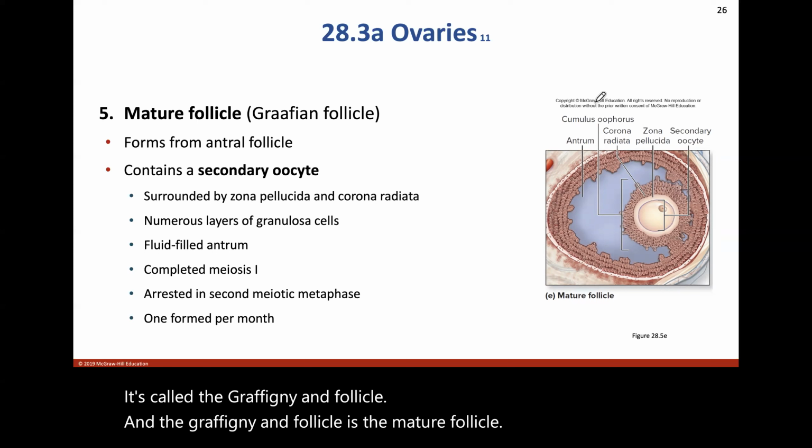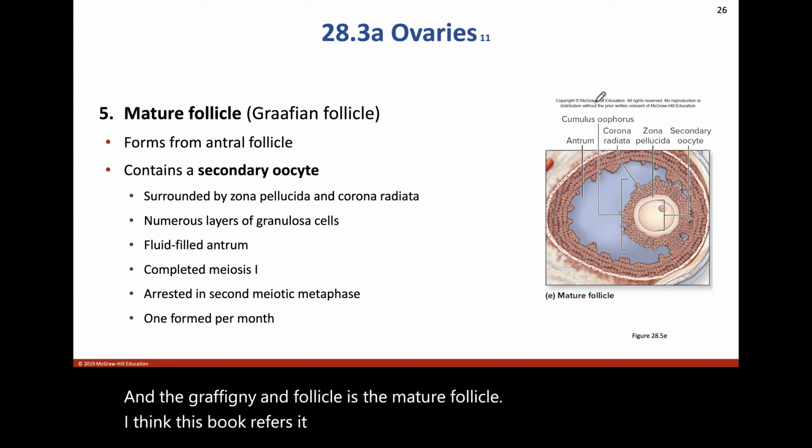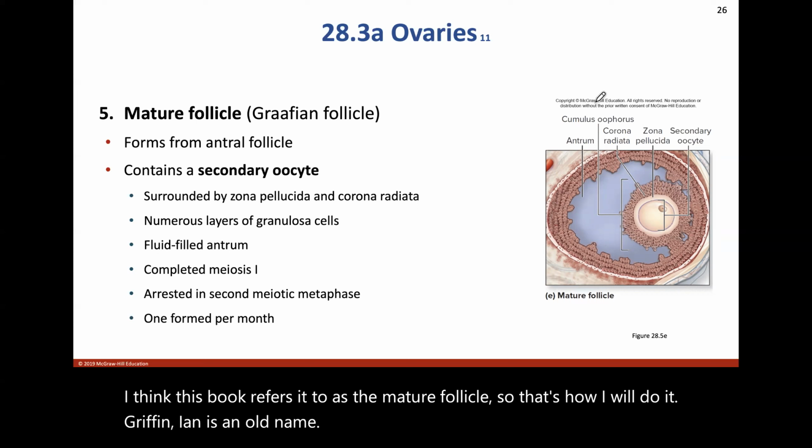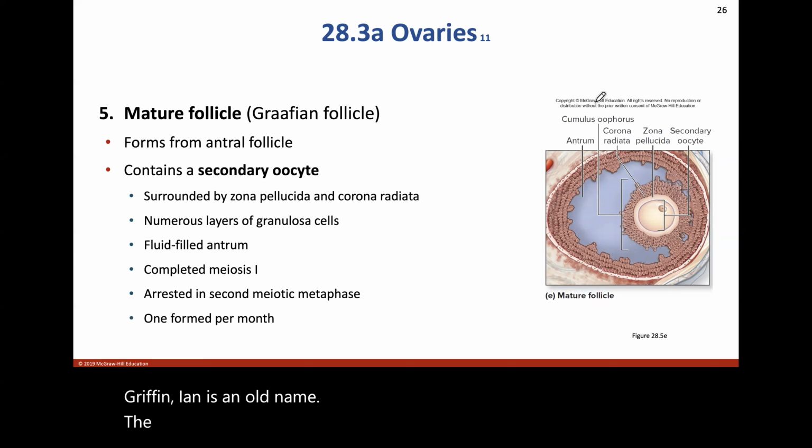I think this book refers to it as the mature follicle, so that's how I will do it. Graafian is an old name. The mature follicle contains the oocyte that will be spit out. And that's literally how it happens.